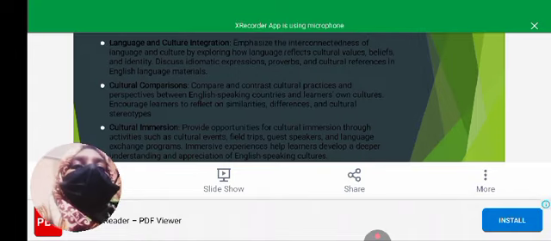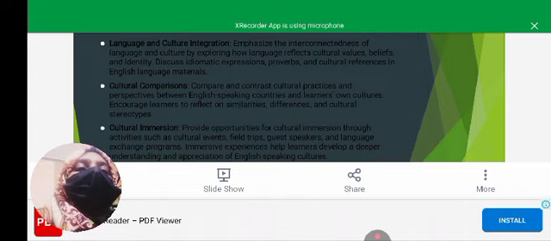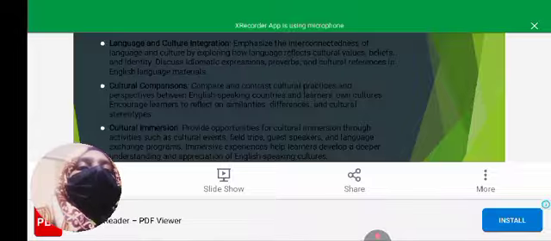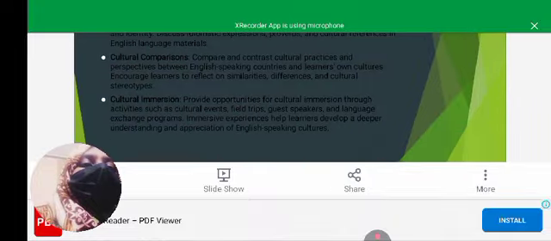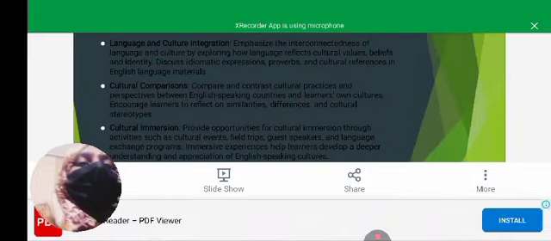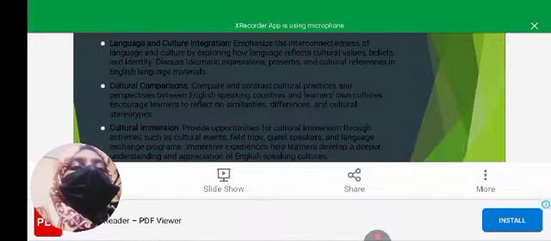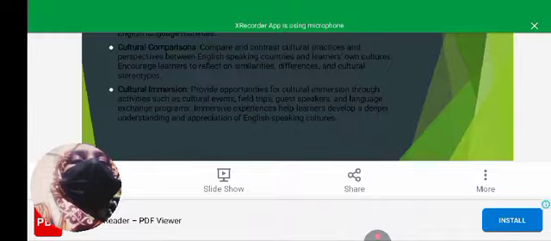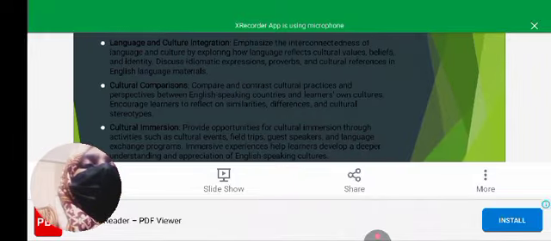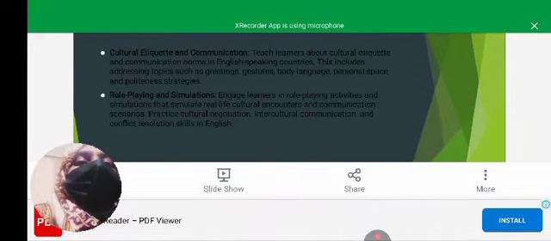Cultural immersion: provide opportunities for cultural immersion through activities such as cultural events, field trips, guest speakers, and language exchange programs. Immersive experiences help learners to develop a deeper understanding and appreciation of English speaking culture.